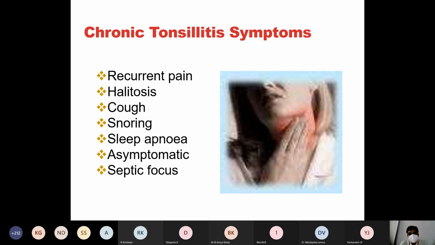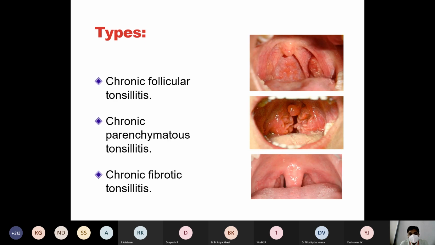There can be vibration of the pharyngeal tissues, leading to a sound while sleeping. It may not disturb the patient, but the patient's spouse or other relatives or friends are usually affected by snoring. Sometimes it can be asymptomatic and it can become a septic focus, leading to systemic complications.